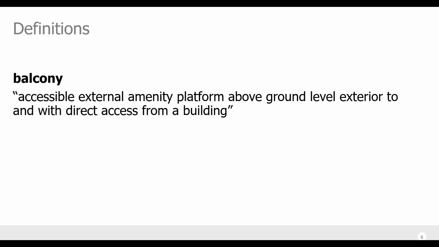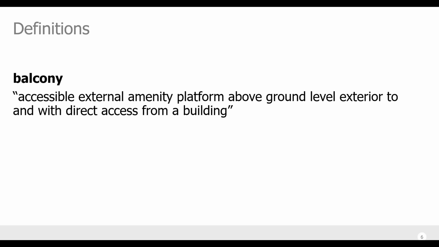So we're starting off with the balcony. The text says: accessible external amenity platform above ground level, exterior to and with direct access from a building. Now there is an existing definition of a balcony in an ISO standard, but it was felt that it needed to be fleshed out a little bit, and after much debate this is where we got to.